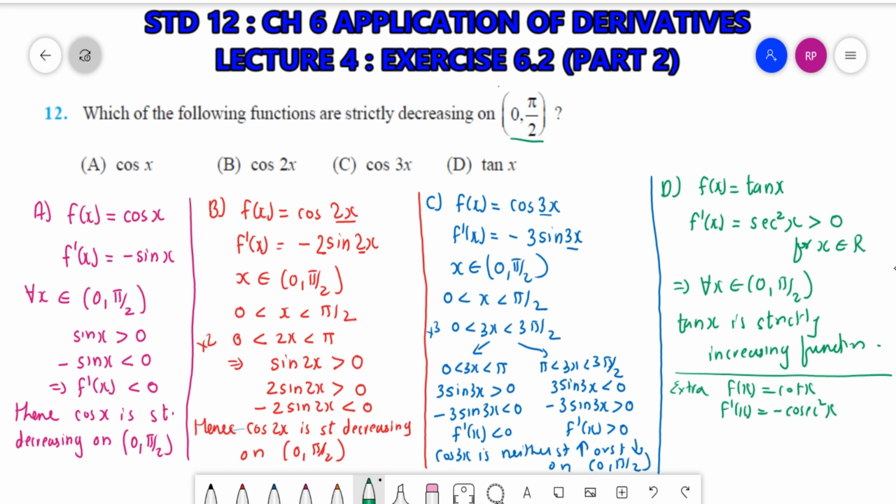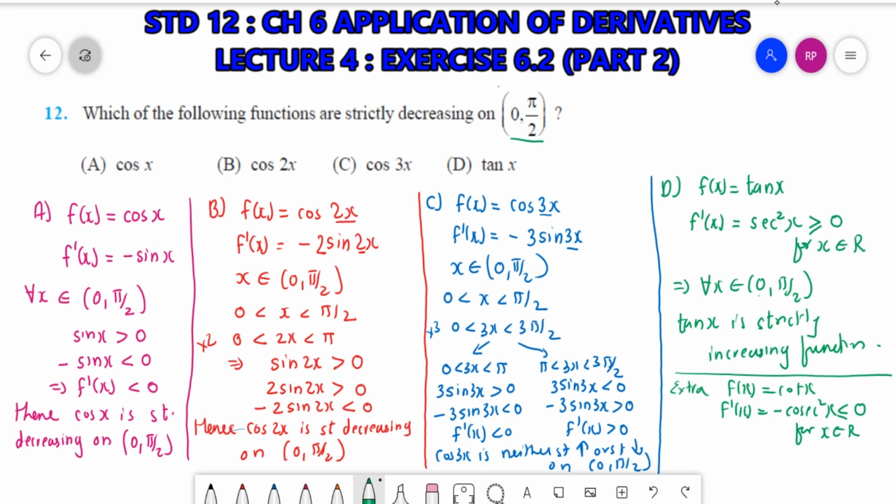Now again, cosec square x, as it is a square, will always be positive, and there is a negative sign, so this will always be negative for x belonging to R. I will say less than or equal to 0. Here also it is less than or equal to, but for 0 to pi by 2, it will not have value 0. So it is strictly decreasing.